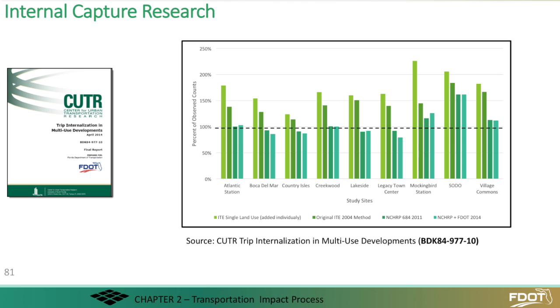The one right next to it is NCHRP plus the study that FDOT did in 2014. The ones that went above the 100% margin were overestimated, and the ones well under 100% were underestimated. And some of these are very close to other methodologies or data collection done in the past.